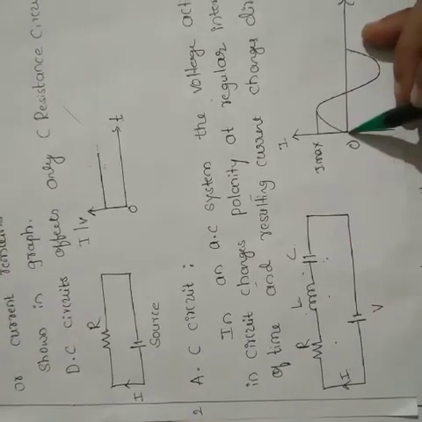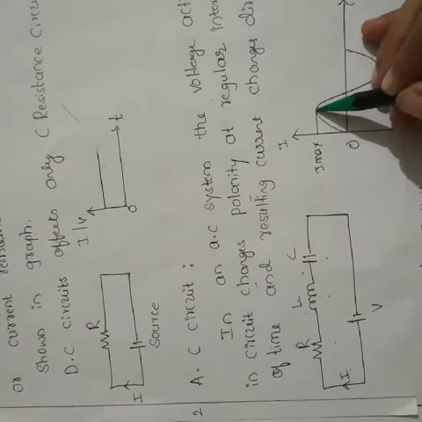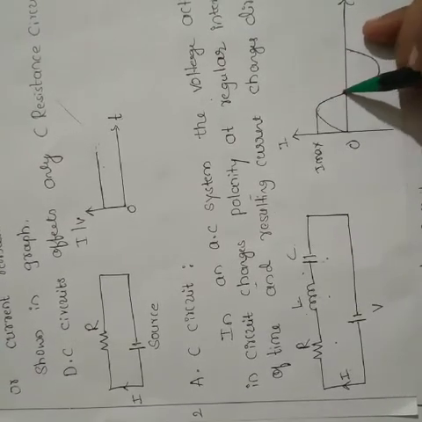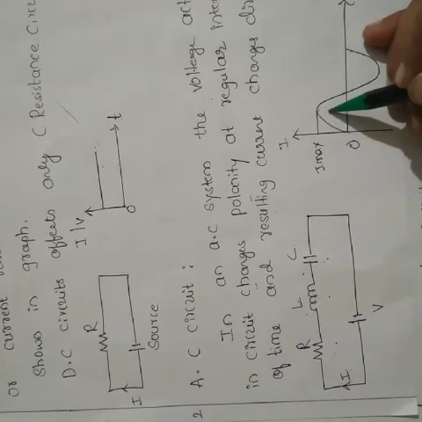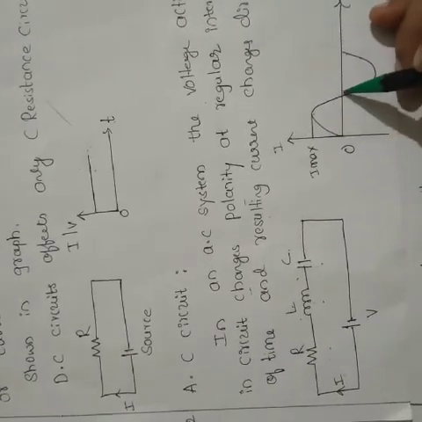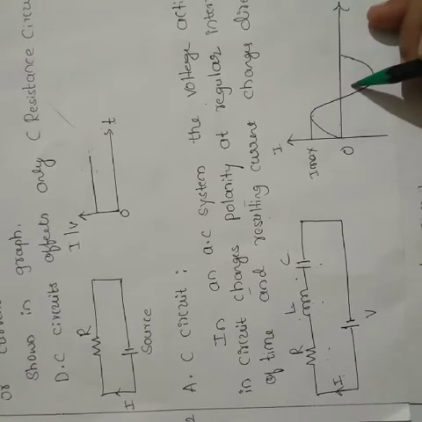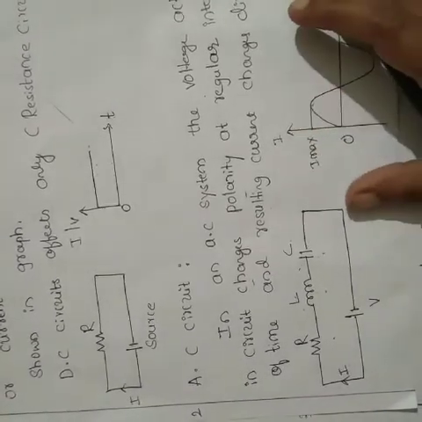Here at 0, 1 second, 2 seconds, 3 seconds, it reaches the maximum, which is called the amplitude. Again it reaches, giving one full positive half cycle. Then the current decreases, but in the opposite direction. This is called AC circuits.